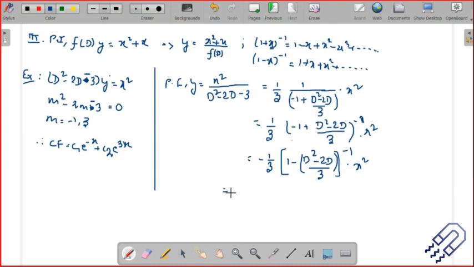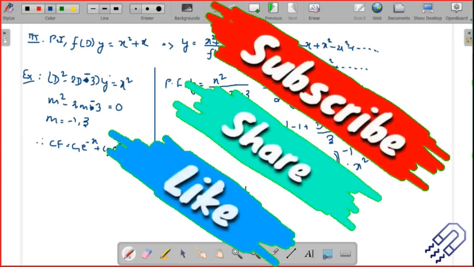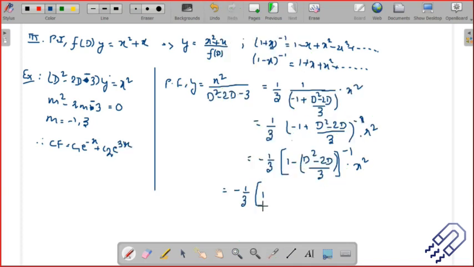Expanding, it is minus 1 divided by 3, then 1, then minus minus makes plus, so d square minus 2d divided by 3, then plus d square minus 2d divided by 3 whole square, and so on. We can keep on expanding this and apply it to x square.